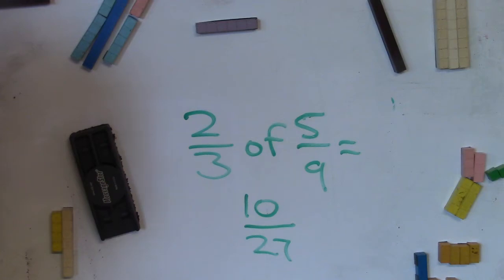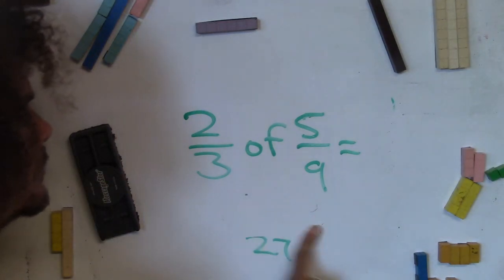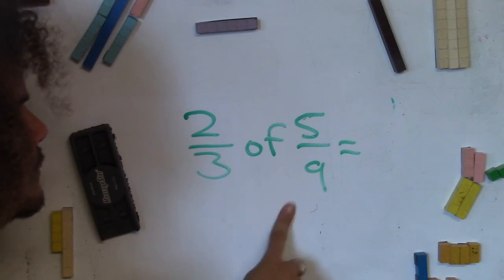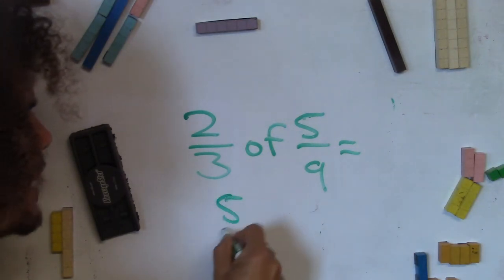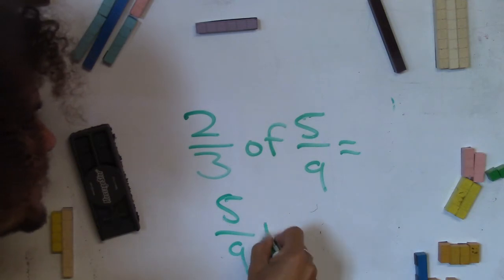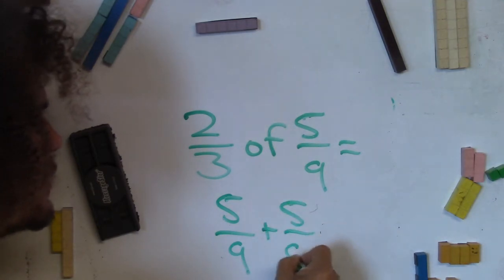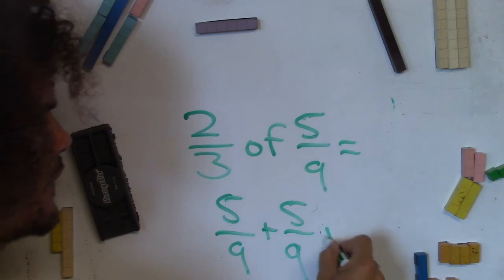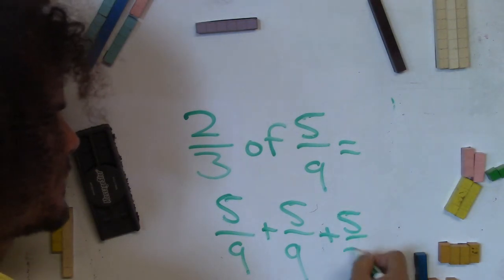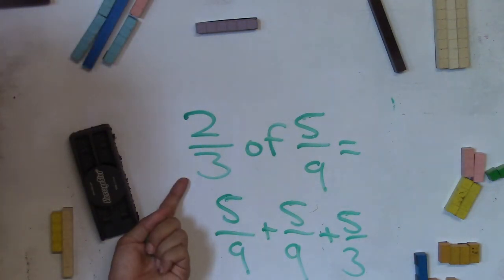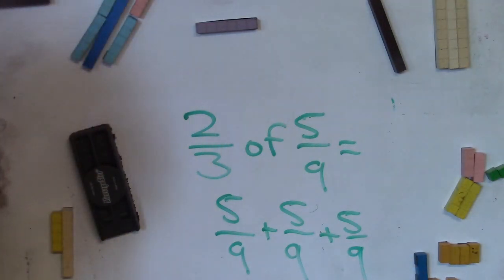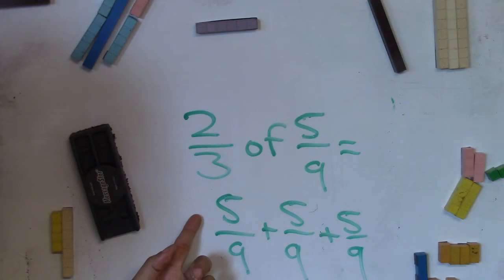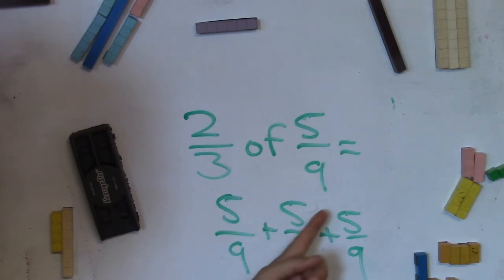But think about it. What if I had 5/9 3 times? 5/9 once, 5/9 twice, 5/9 3 times. Right? So there's 5/9, 5/9, 5/9.